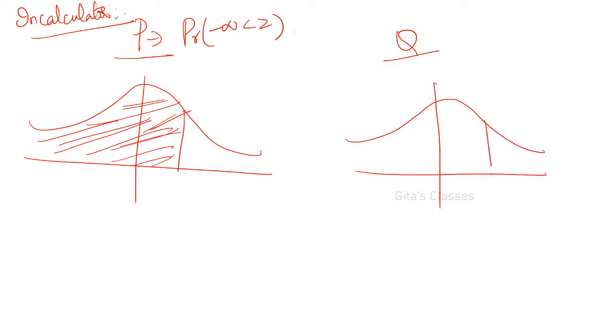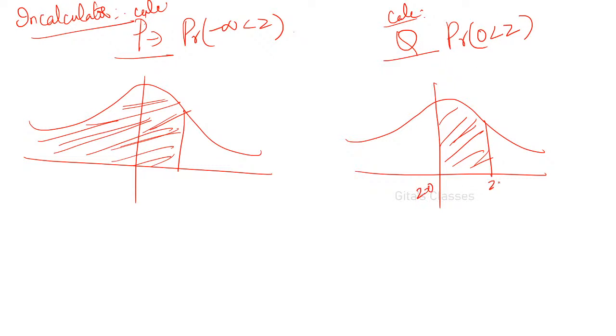This is our Q, the probability in the calculator. This P is calculator P, and this is calculator Q. So the probability that 0 less than Z, Z is equal to 0 to any value. This side it is minus infinity.